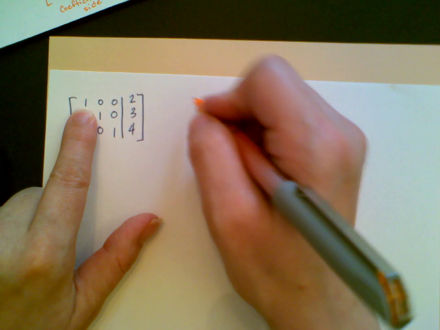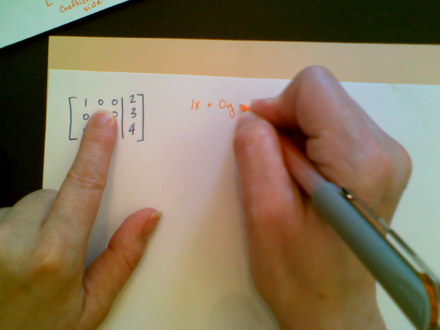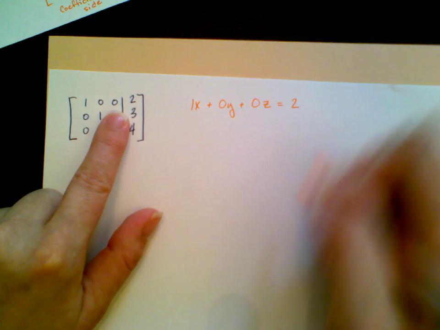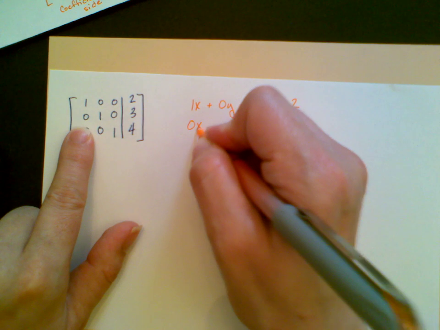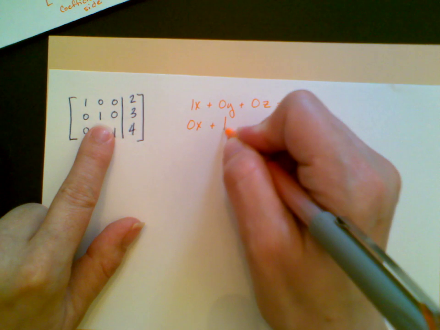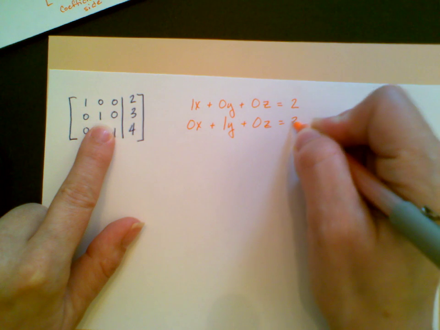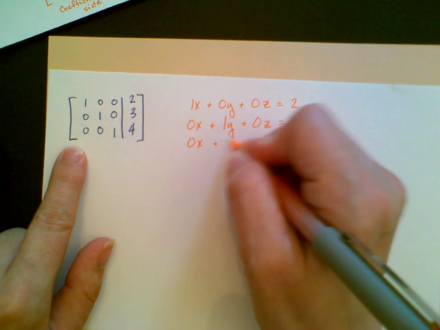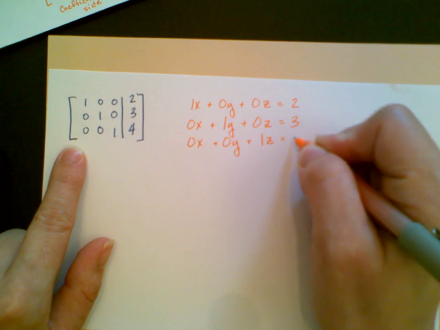So I have 1x plus 0y plus 0z equals 2. Then the next equation would be 0x plus 1y plus 0z equals 3. And then finally 0x plus 0y plus 1z equals 4.